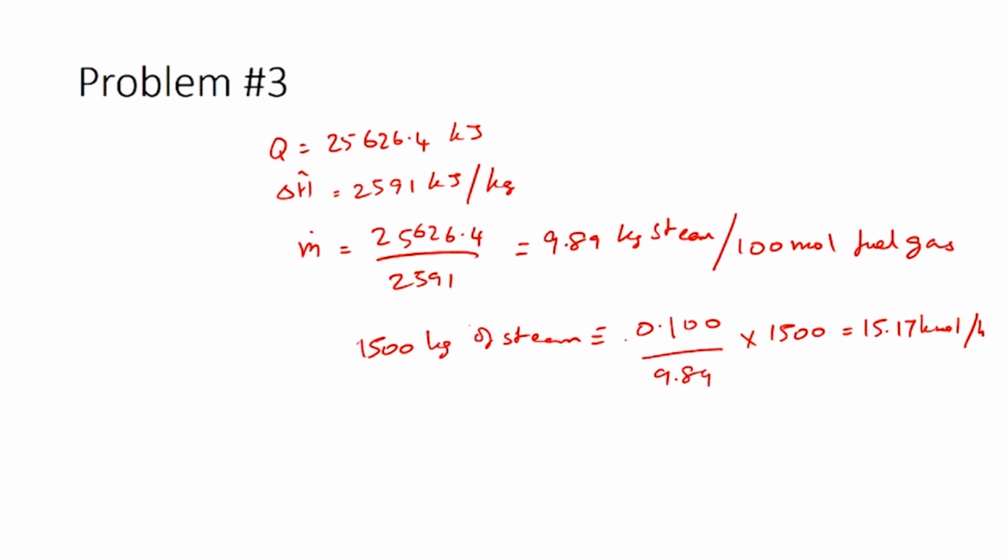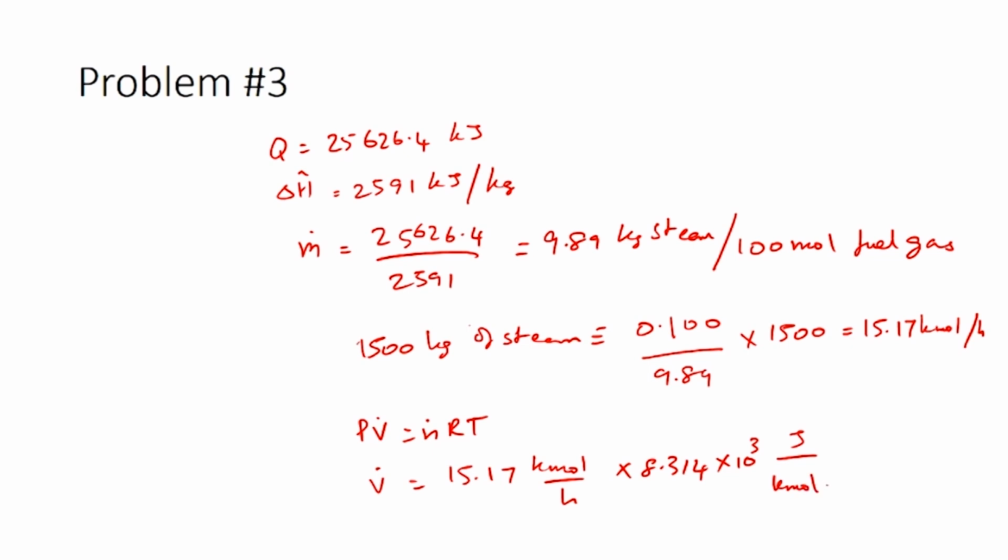We have also been asked to calculate the volumetric flow rate for this. Using P V dot equals N dot R T, we can calculate V dot, which is 15.17 kilomoles per hour times 8.314 times 10 to the power 3 joules per kilomole Kelvin, times temperature of 773 Kelvin, which is 500 degrees Celsius, divided by pressure, which is 1 atmosphere or 1.013 times 10 to the power 5 pascals.